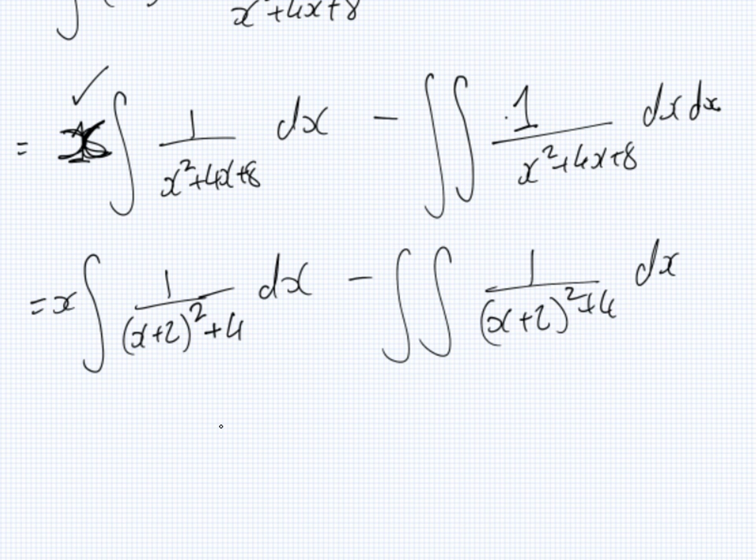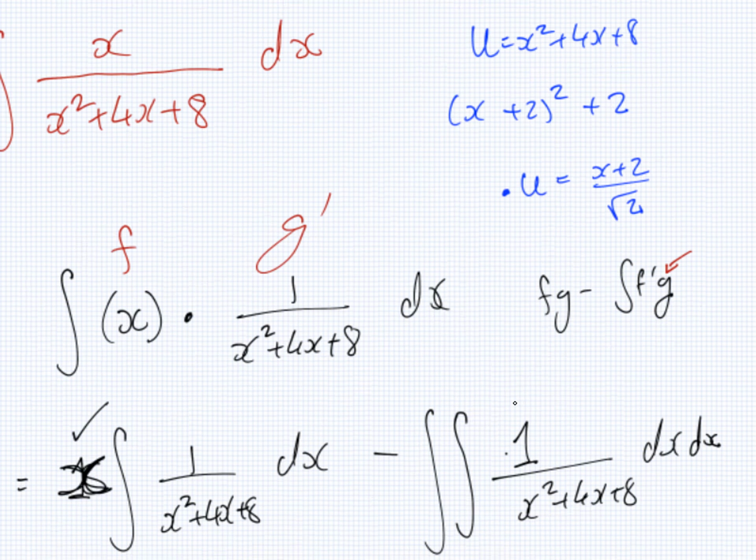And in both cases, I should make u equal to x plus 2 over 2. That's right, isn't it? Yeah. So du dx. No, is something wrong? That should have been 4 there, actually.